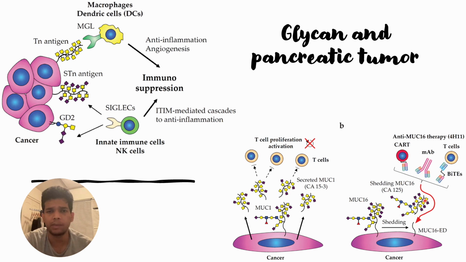After shedding, it is removed from the cancer cells, so the cancer cells get deprived of MUC16 and will not be able to survive for a longer duration, as functions such as angiogenesis and TME formation are reduced, and they will not be able to get the nutrient supplies necessary for the survival of any cells.